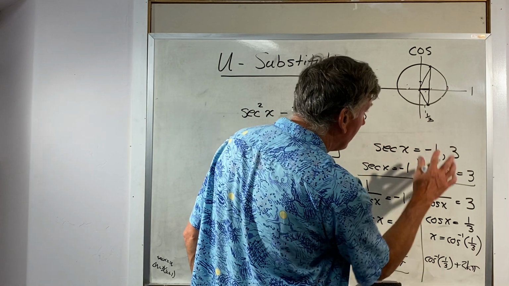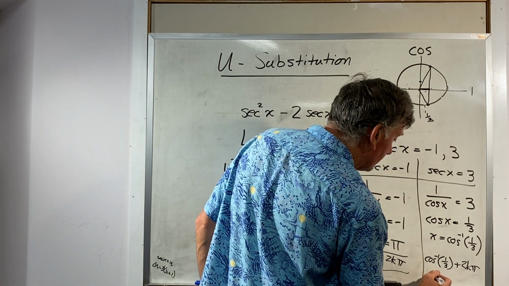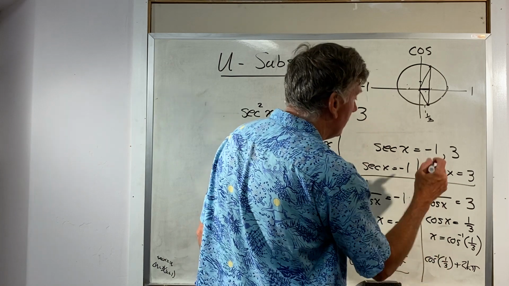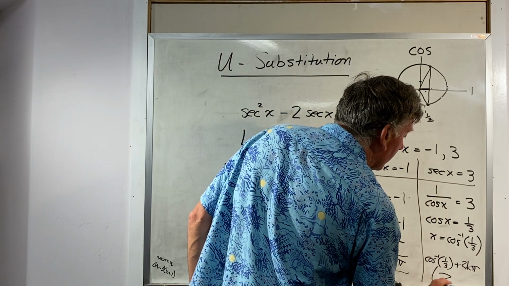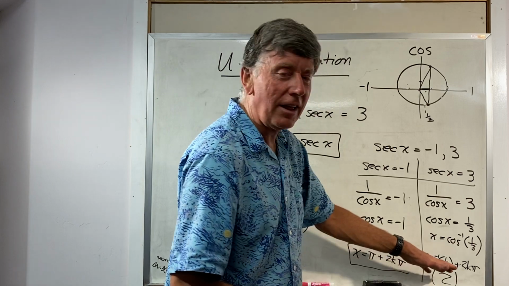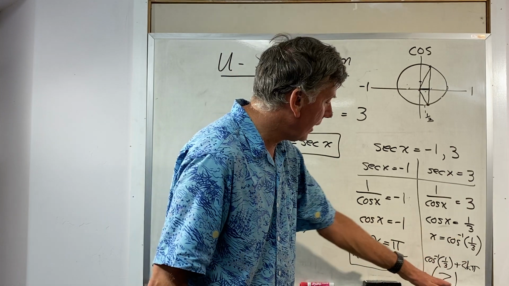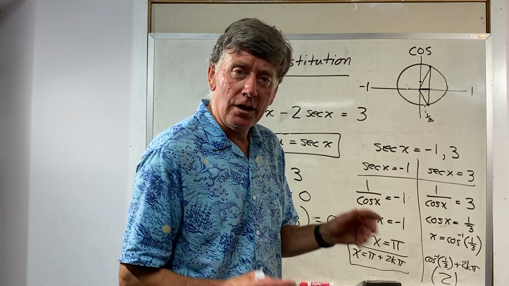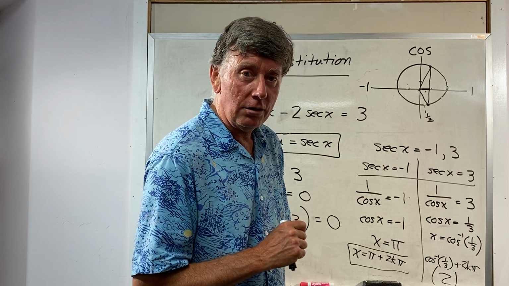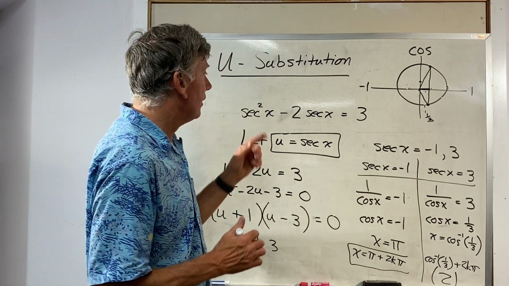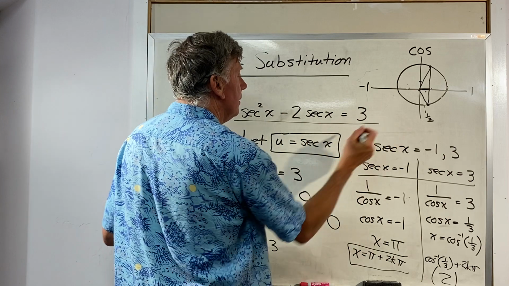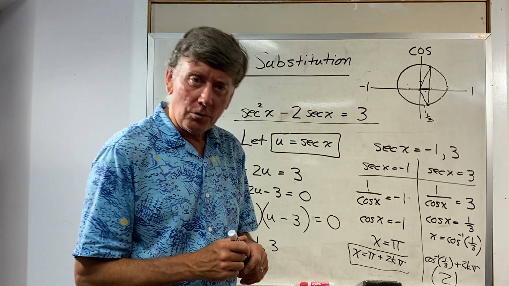And I also have this one. I don't have my calculator, but I'm going to have two answers here, one answer here, three answers in all for this equation right here. Hope this helps.